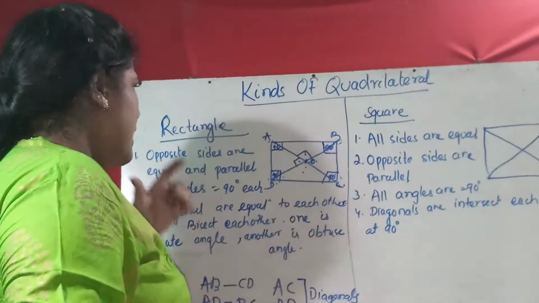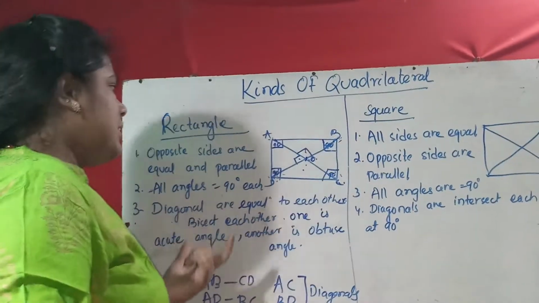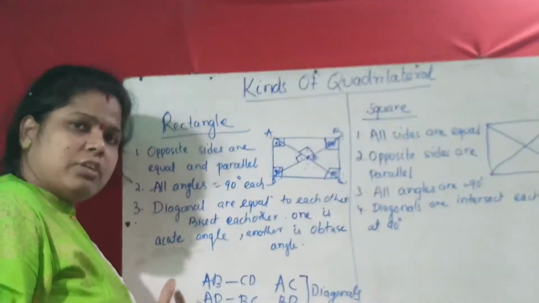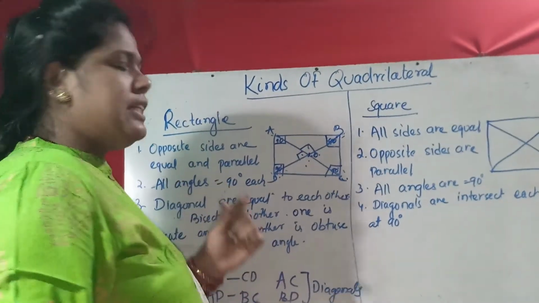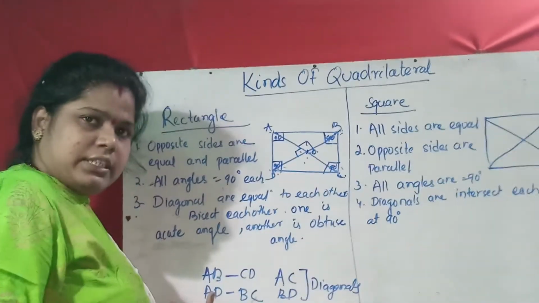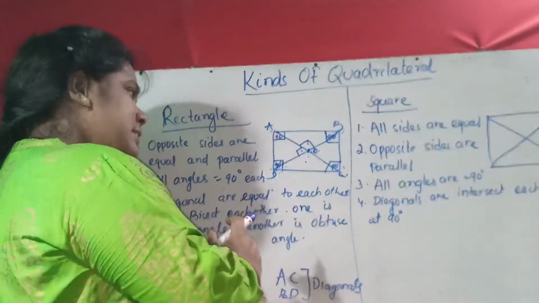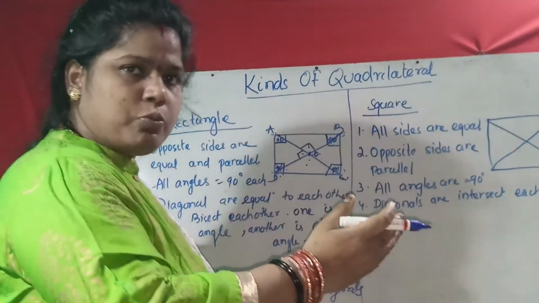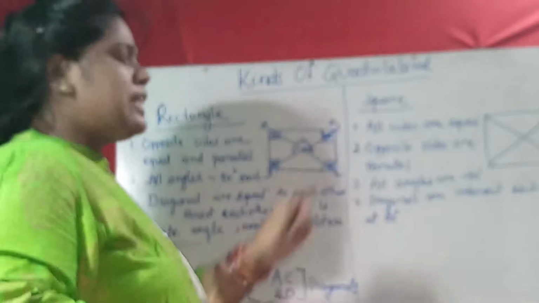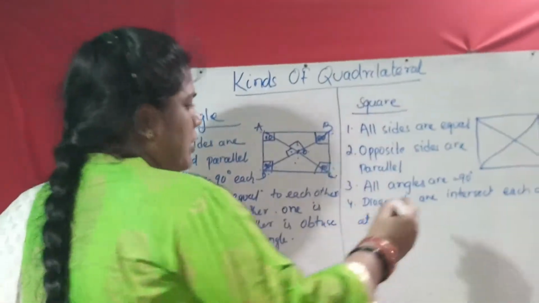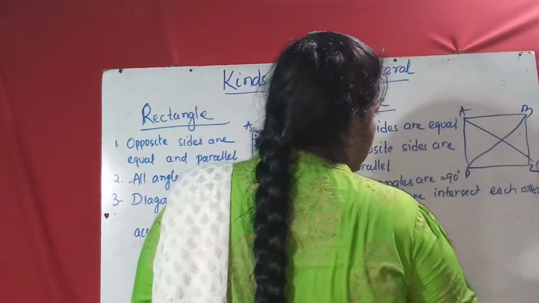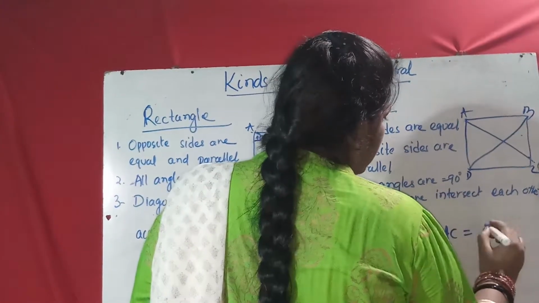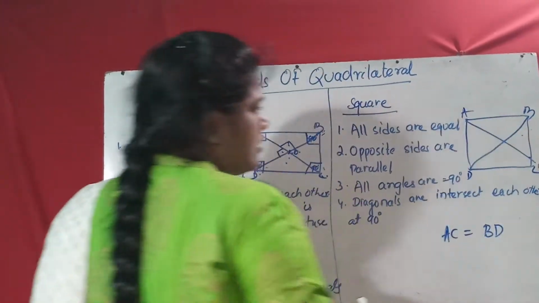Okay, so a quadrilateral is called a rectangle when its opposite sides are equal and parallel, diagonals are equal, and every angle is 90 degrees. A rectangle is the same as a square when the two diagonals are equal. For square ABCD, if diagonals AC equals BD, then it is called a square.